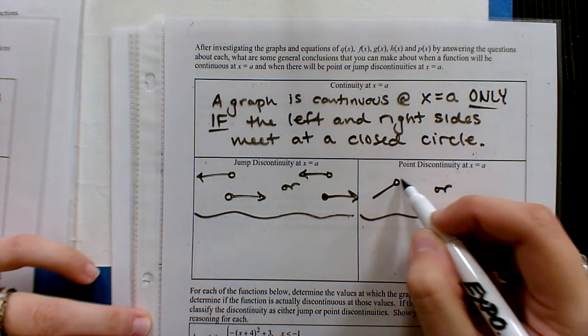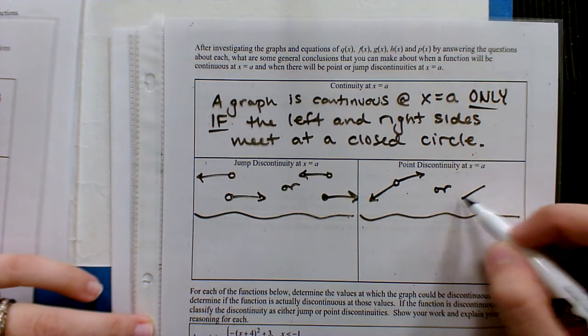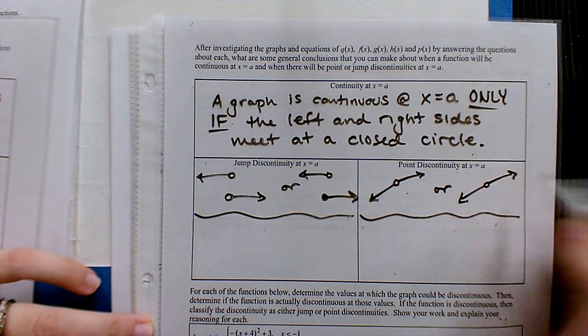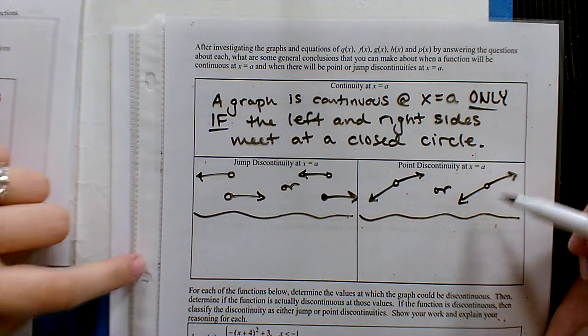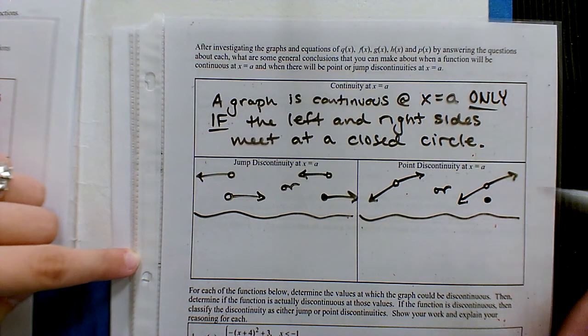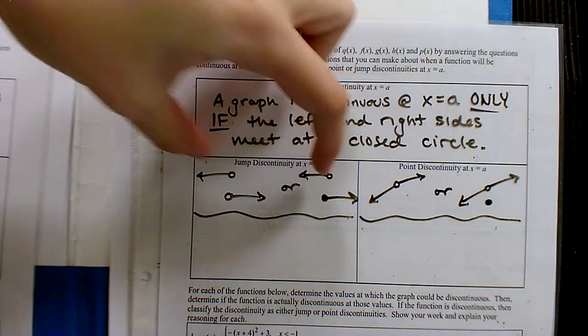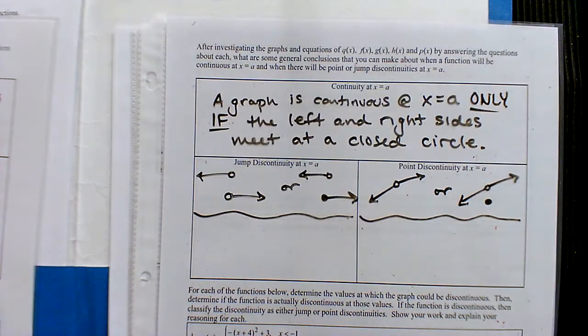Maybe we had a graph connecting at an open circle, but we also had an example, the last graph we just did, where 2 points connected, but didn't we have a closed circle somewhere else? It just wasn't where the lines were meeting. So there could be perhaps a closed circle either above or below the hole. In either one of these cases, you still have a hole in your graph where you'd have to lift up your pencil. Okay, so graphically speaking, we have these two types of jumps or these two types of holes.